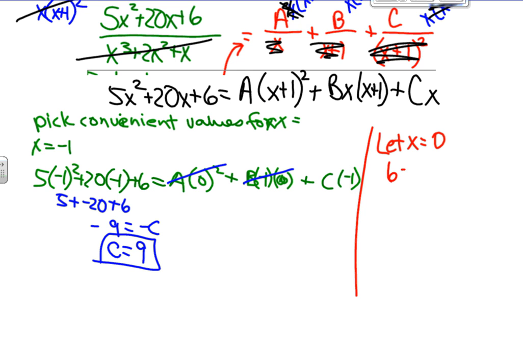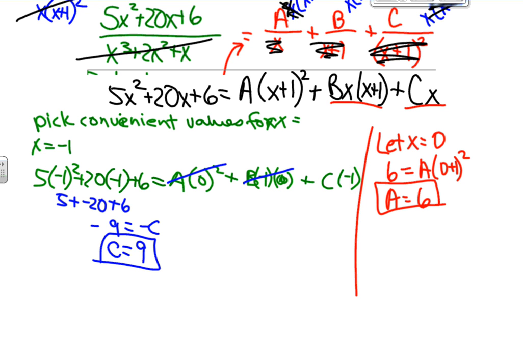So 6 equals, now for this one it's A times 0 plus 1 squared. So that one's going to happen. When I put in 0 for x, the B term will be 0, and this will be 0. So this is what I get. So what's A equal? 6. A equals 6 for that one. So I've got that. Now how am I going to figure out what B is?